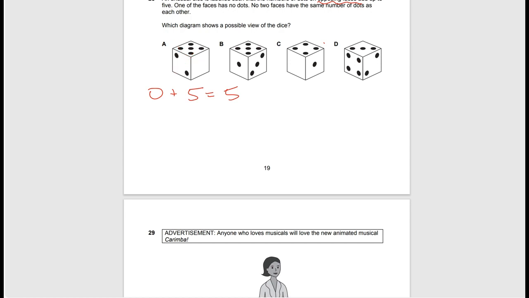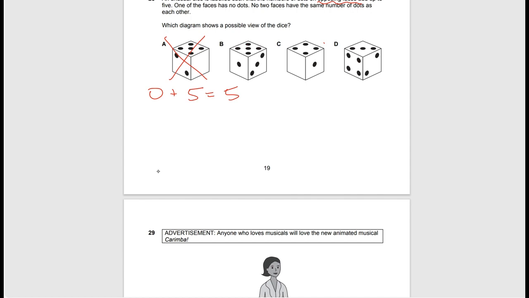So it can't be this one, because in option A, the 5 and the 0 are next to each other. They are adjacent instead of opposite. If A was the right answer, this would have to be something else, maybe 3, because the 0 would be underneath in the surface we can't see. So it's not going to be option A.